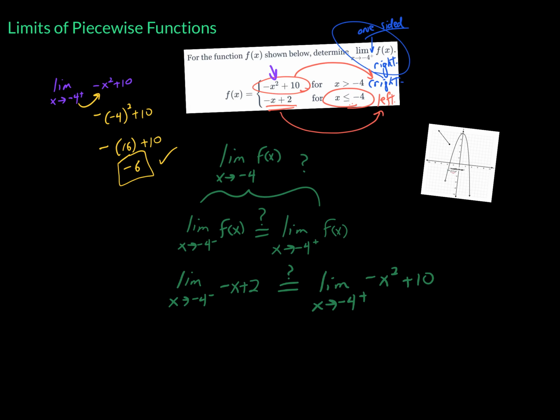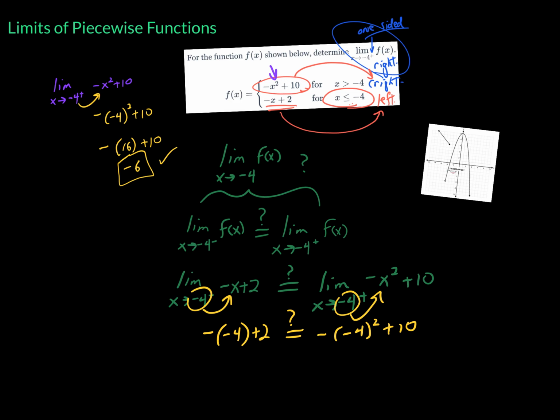We're going to take this negative 4 and plug it in, and take this negative 4 and plug it in, because those are two polynomials and it's going to give me an answer. This would be negative 4 plus 2. Does that equal negative 4 squared plus 10?